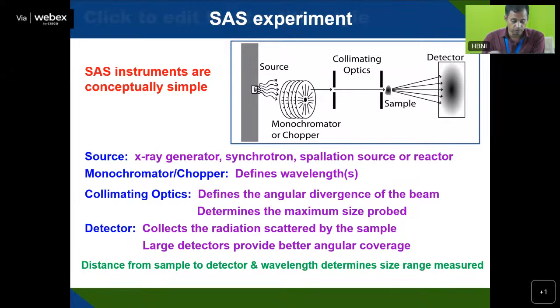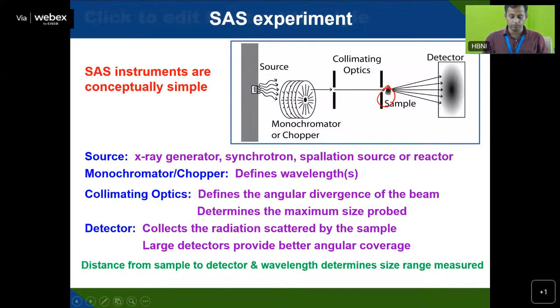Then the neutron or X-ray beam from the source falls on a monochromator or chopper that separates the particular wavelength, and then collimating optics is there. The angular divergence of the beam determines the maximum size. So after the source, then monochromator, then it goes to the collimator, and then it falls on the sample.